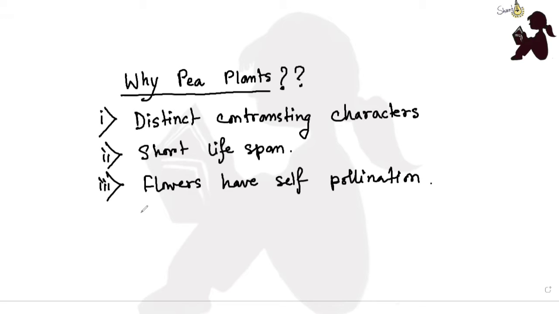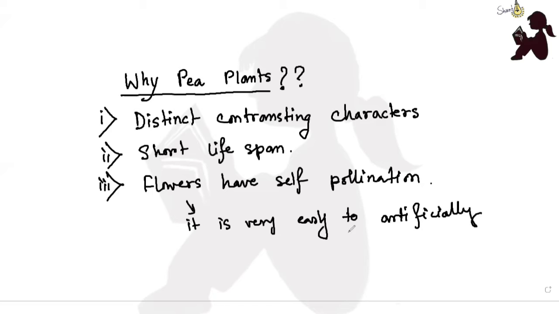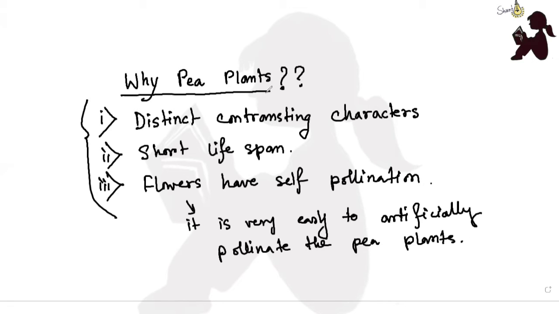Then the flowers have self-pollination, meaning it is very easy to artificially pollinate the pea plants. So these are the reasons why he selected the pea plants.